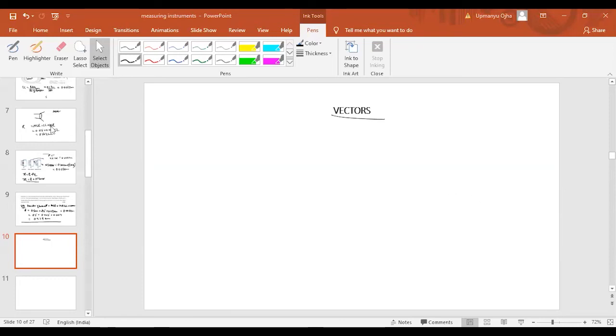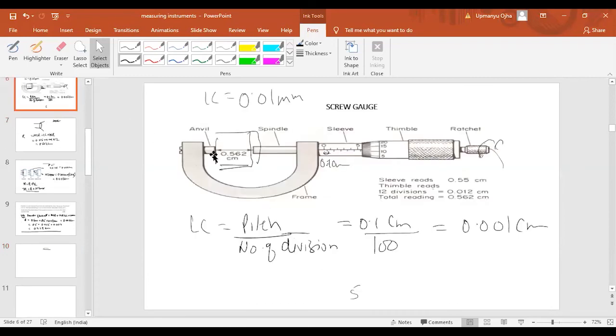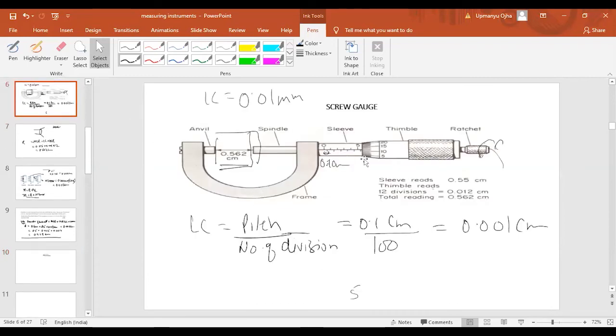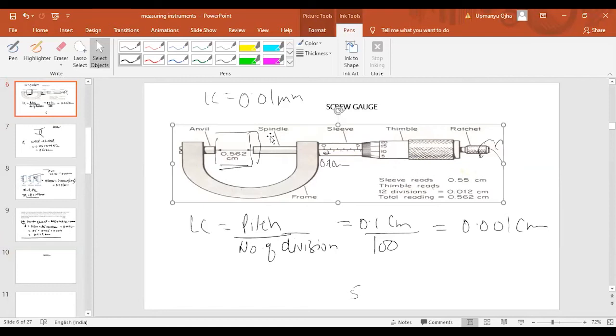See, pitch is basically, if you look at this circular scale, it has 100 divisions. Let us suppose that when we are not measuring anything, the anvil will be in contact with the spindle.